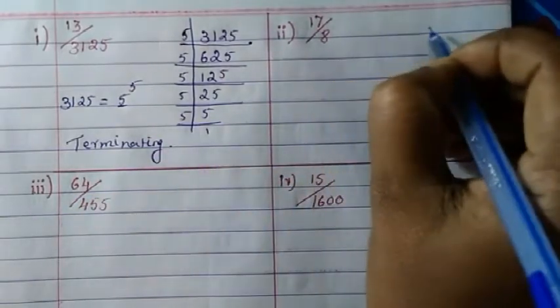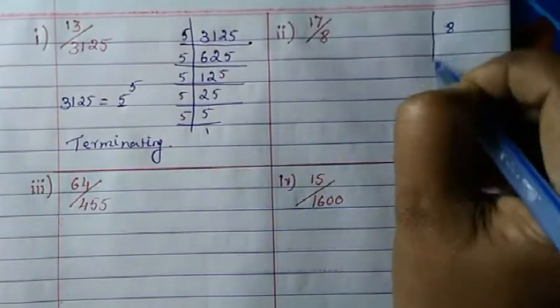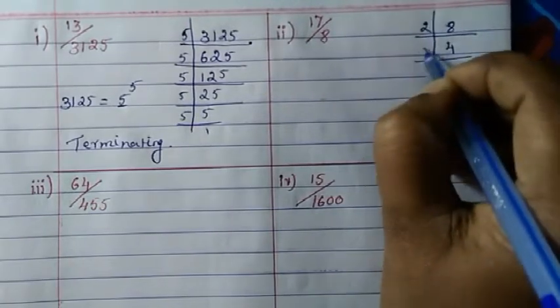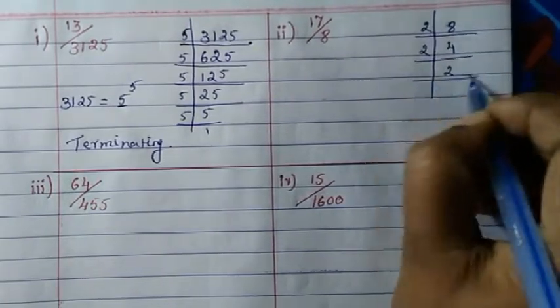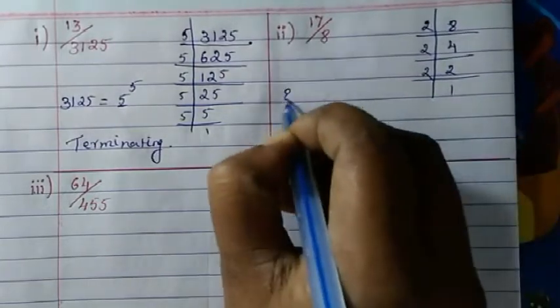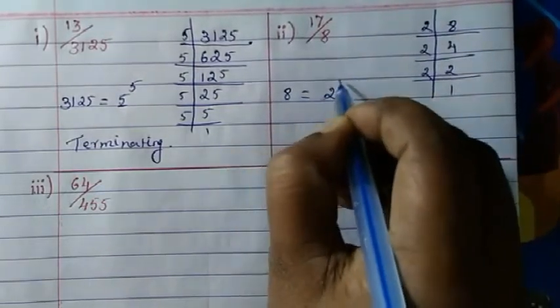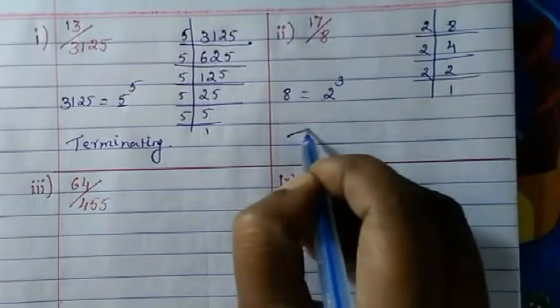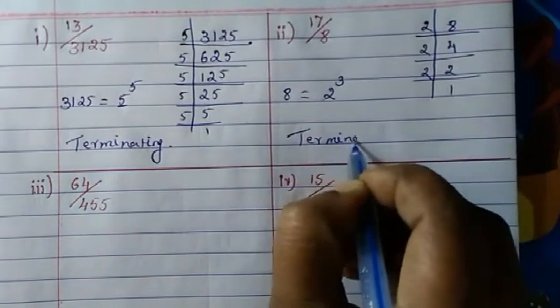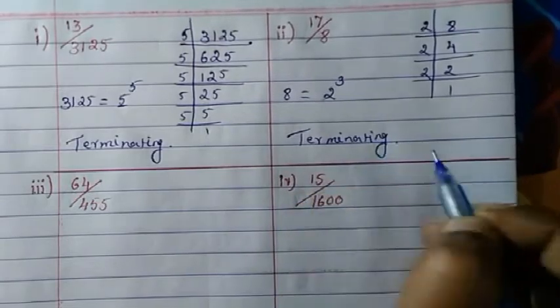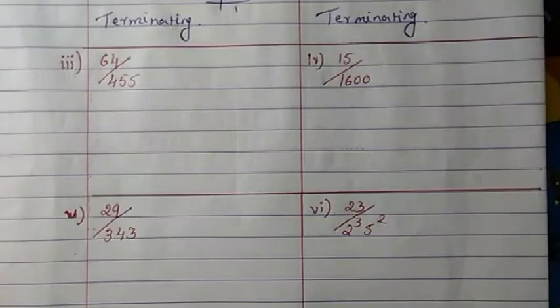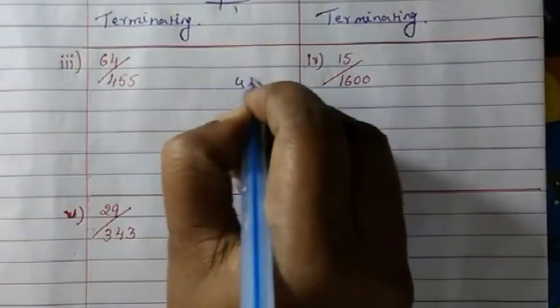For the second, let's see 8 when we factorize. 4 times 2 is 8, then 2 2s are 4, 2 1s are 2. So for 8, the factors are 2 raised to 3, 3 times. So here we have 2, therefore it will be terminating. Let's see the third one, 455.